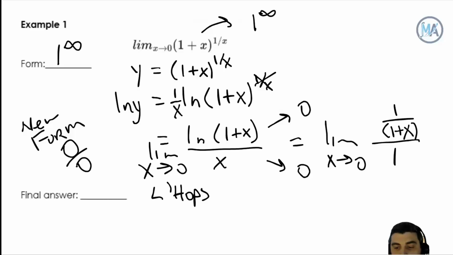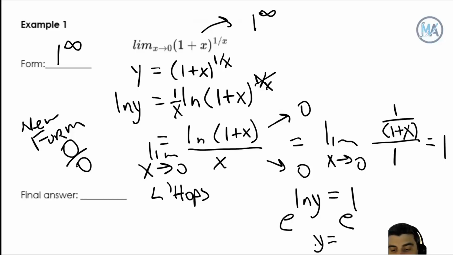Now if I take the limit as x approaches 0, this equals 1. But remember, this is natural log of y equals 1. We have to exponentiate both sides. Y equals e to the first power, or just e, and that is our limit.